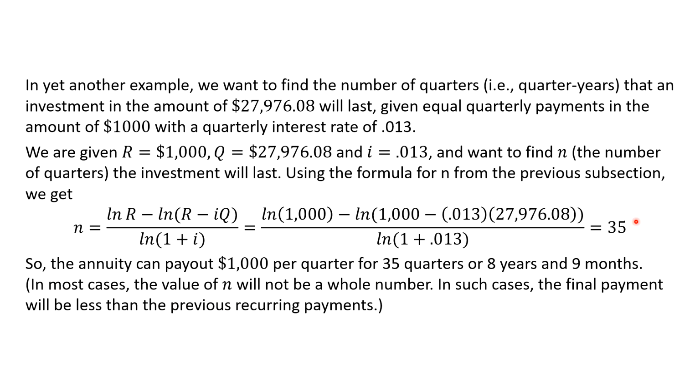In most cases, the N is not going to be a whole number. In fact, I'm not sure I may have rounded this off. So in such cases, the final payment will be less than, in this case, the $1,000. There might be a little bit left over.